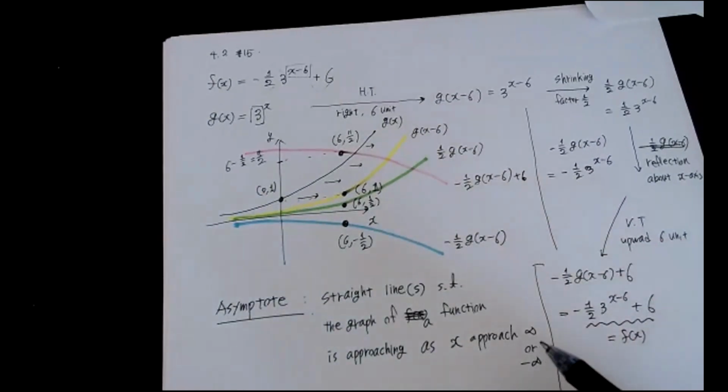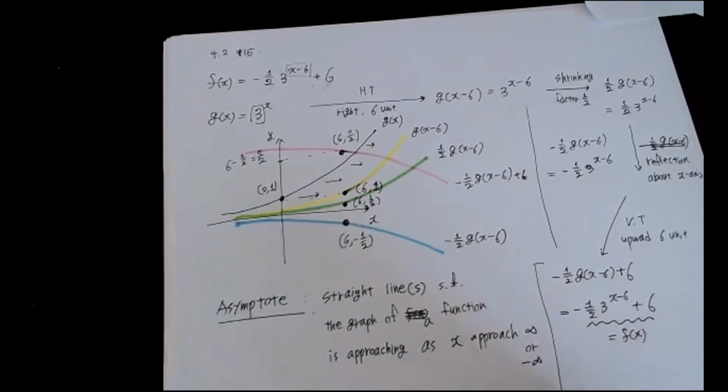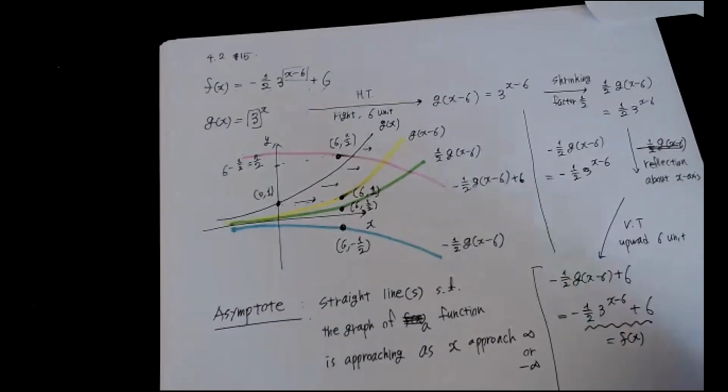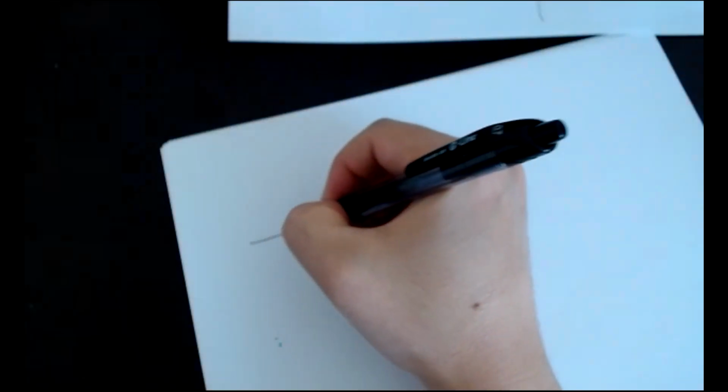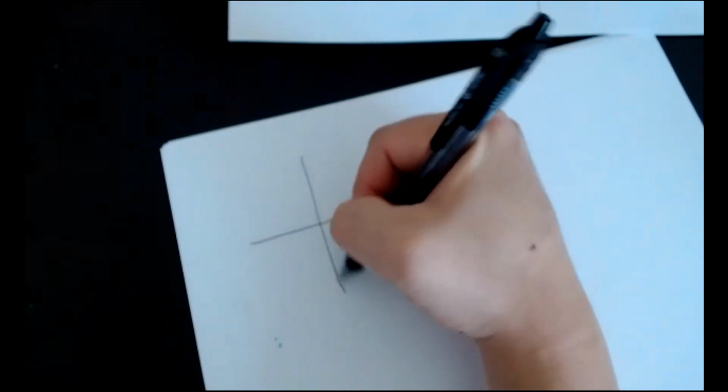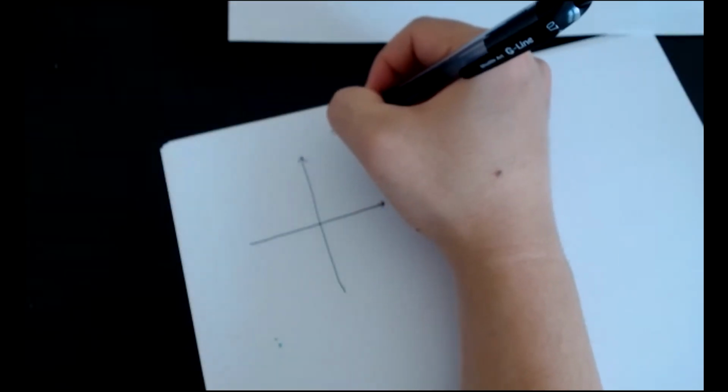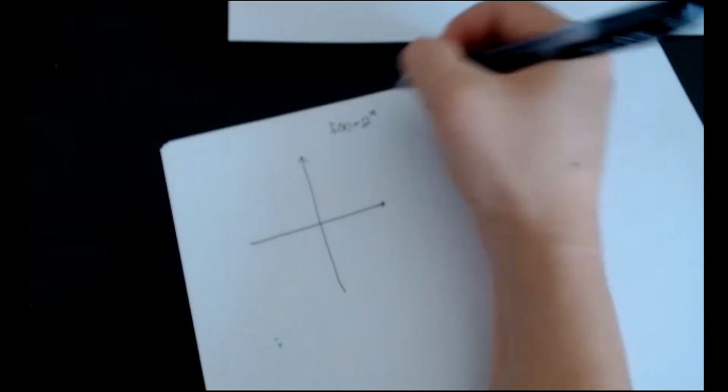I know it looks maybe hard, probably hard to understand this, so I'll show you an example. Think about just a basic exponential function, f of x is equal to 2 to the x power.